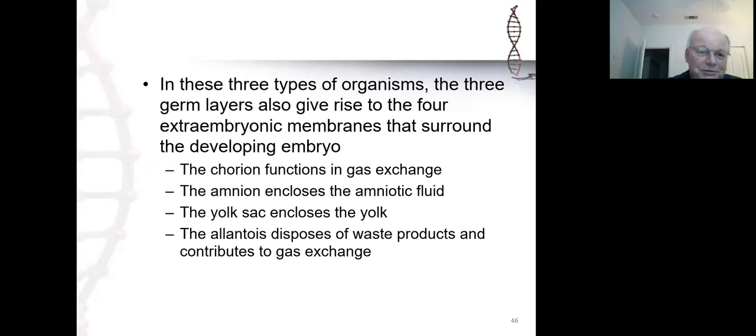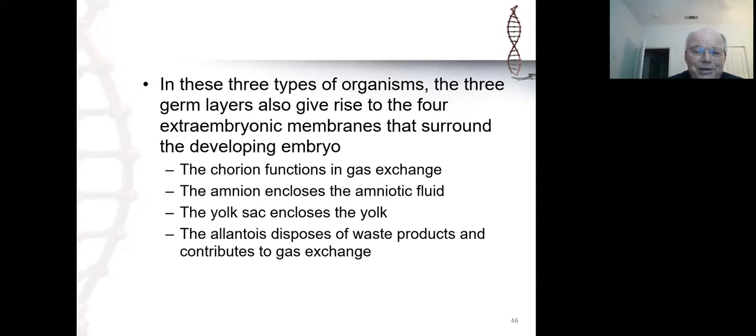Now, because in egg-laying amniotes, the development is taking place in a sealed space, whether it be a reptile in a leathery shelled egg or a bird in a calcium carbonate reinforced eggshell, you can't dispose of the waste products, and specifically the nitrogen waste products, which are toxic to the organisms.